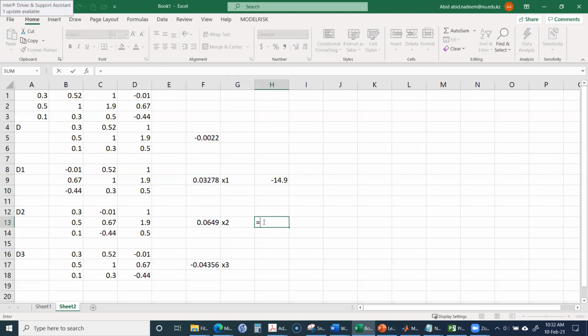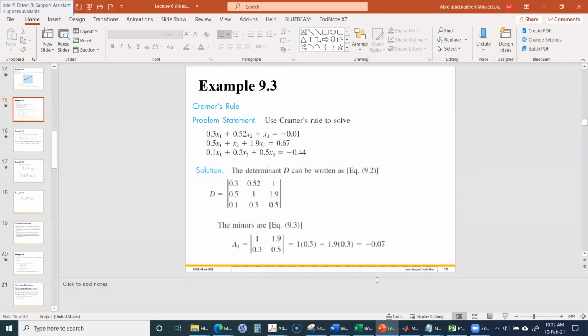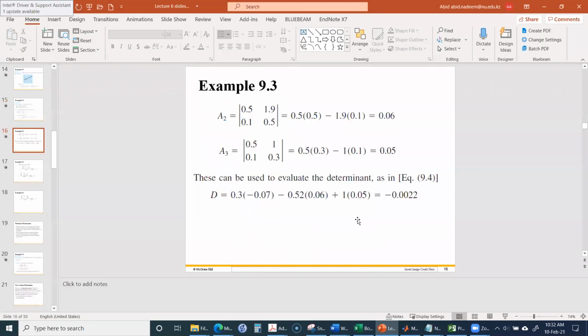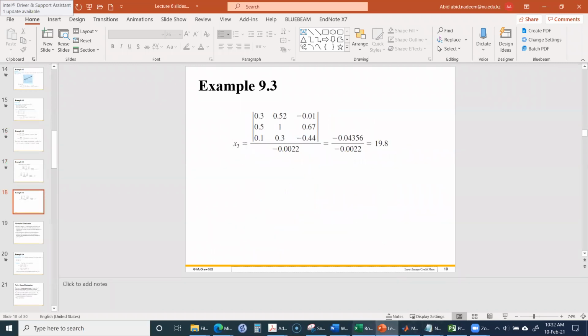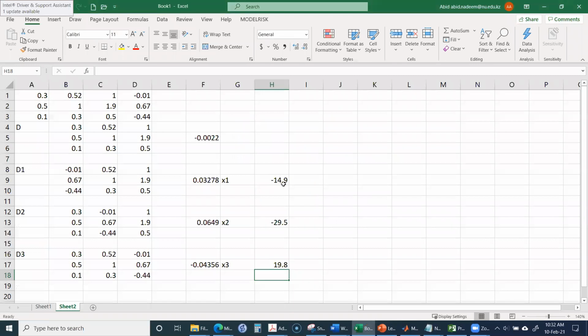X2 will be equal to this value divided by the main determinant, it is minus 29.5, and X3 will be equal to this value divided by this value, so it will be 19.8. So I think we got the same answers before. Yeah, minus 14.9, minus 29.5, and 19.8. Yeah, these were the values.